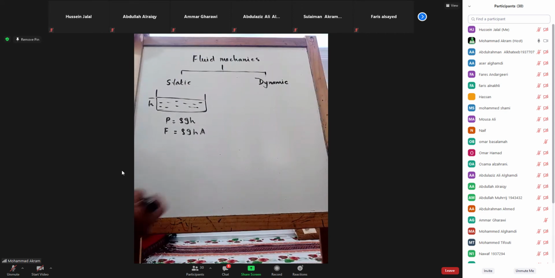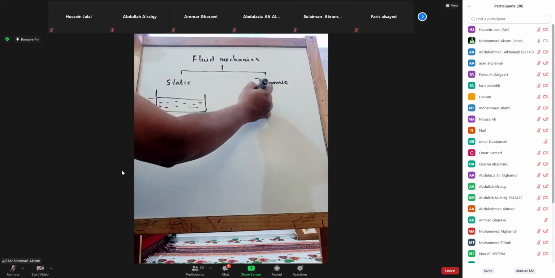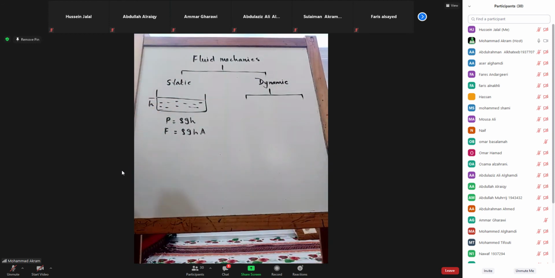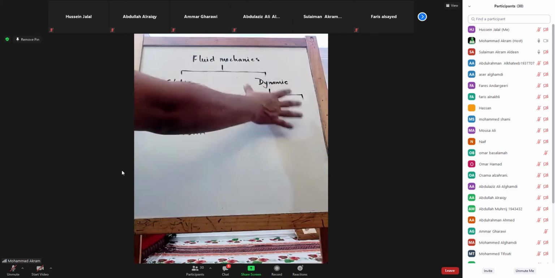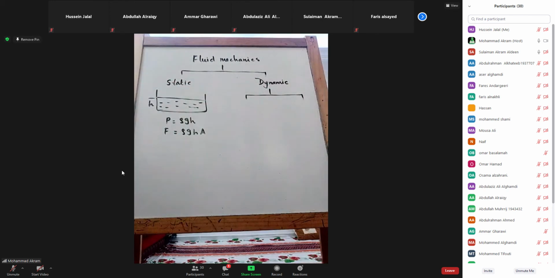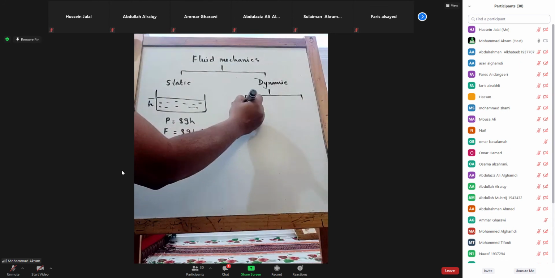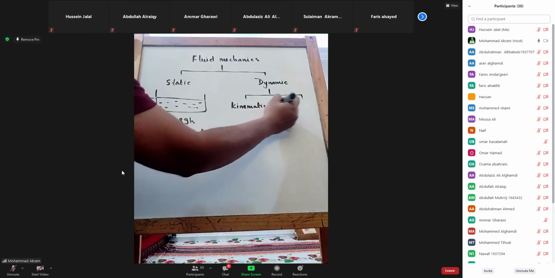Now in dynamics we have again two branches. What are the two branches? We have kinematics and kinetics.